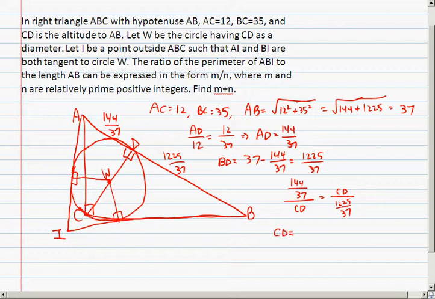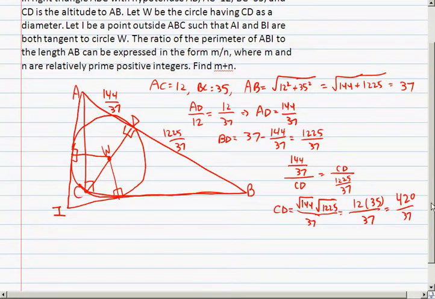So CD is equal to the square root of 144 times the square root of 1,225, divided by 37. And this gives us 12 times 35 all over 37, or 420 over 37.